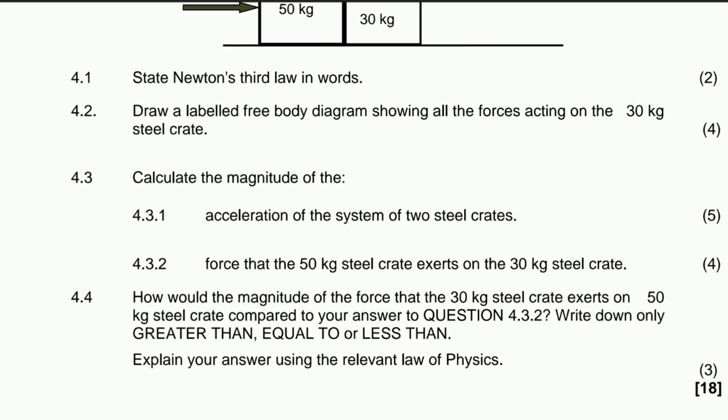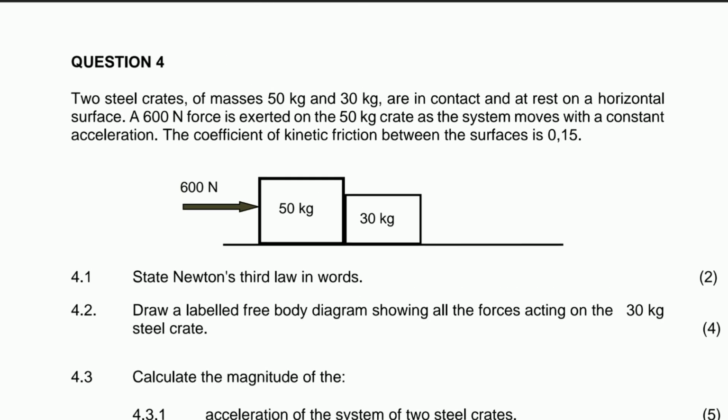Now, second, 4.2. Draw the free body diagram showing all the forces acting on the 30 kilogram crate. But now, here is a little bit tricky, the question. I want you to know that this crate here is exerting a force on this other one. So this force will be pointing there.